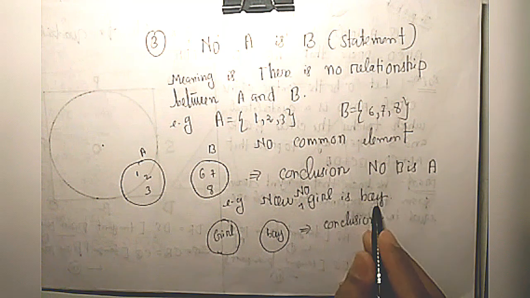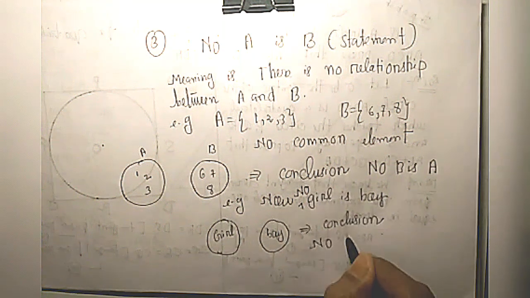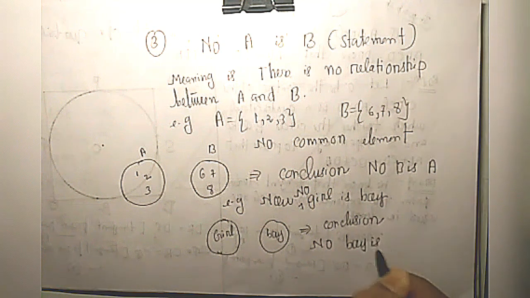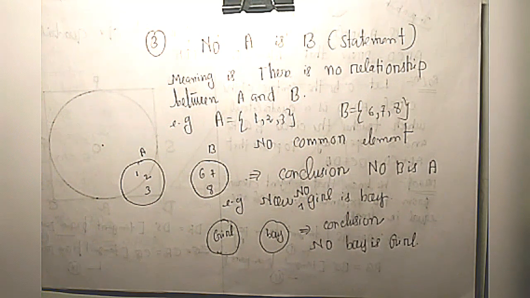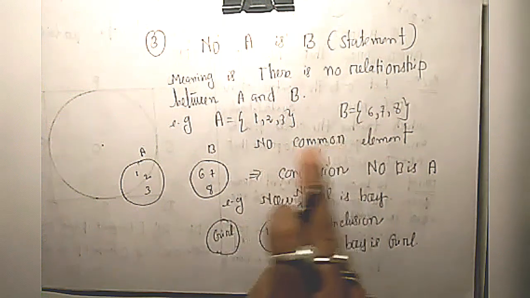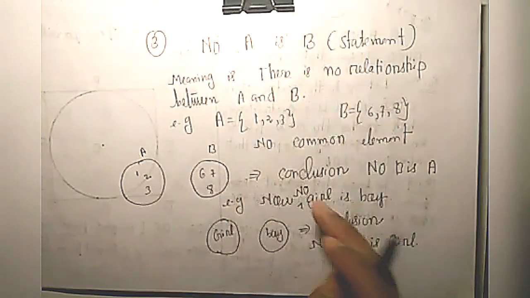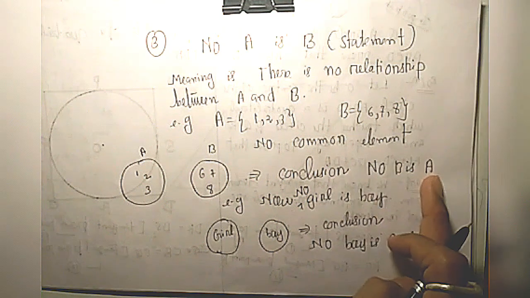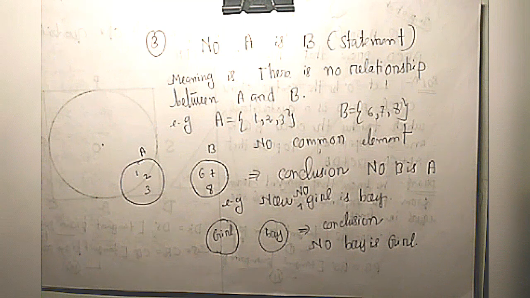So no girl is boy. What should be the conclusion? No boy is girl. There is no relation between girl and boy. So no A is B, and the conclusion should be no B is A. So it's very important.